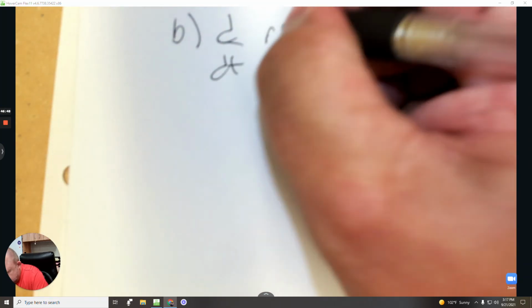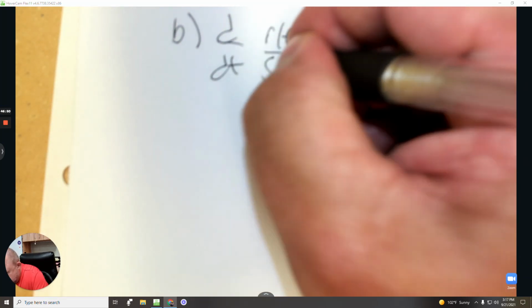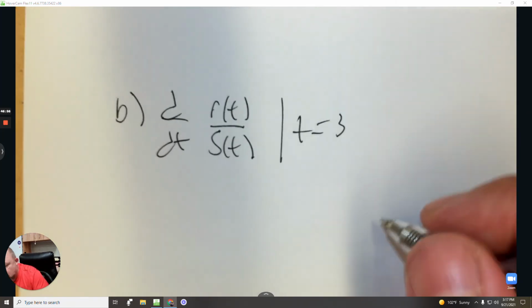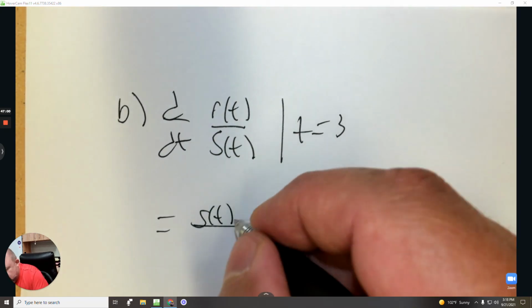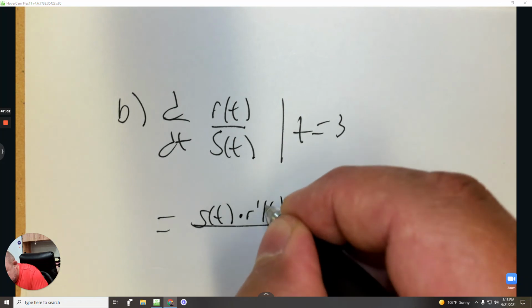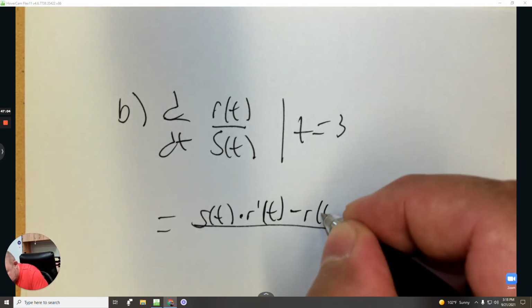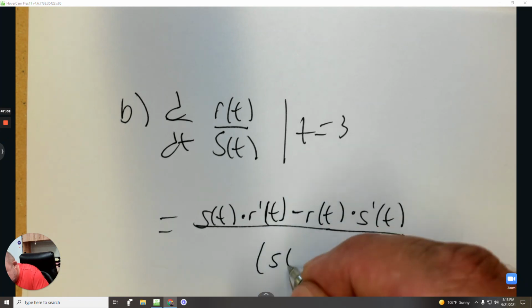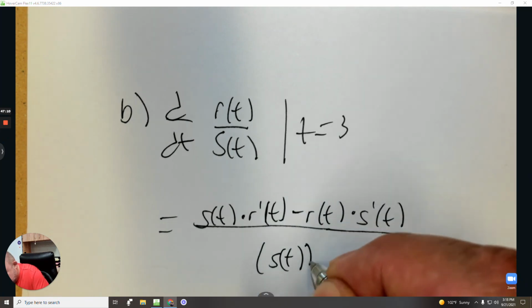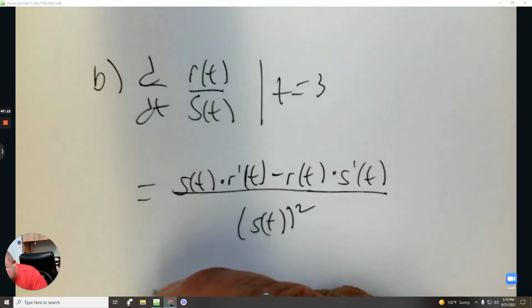The next one is the quotient rule. So do you know the quotient rule? So that is the bottom times the derivative of the top, subtract the top, times the derivative of the bottom, and then the bottom squared. Now plug in 3.